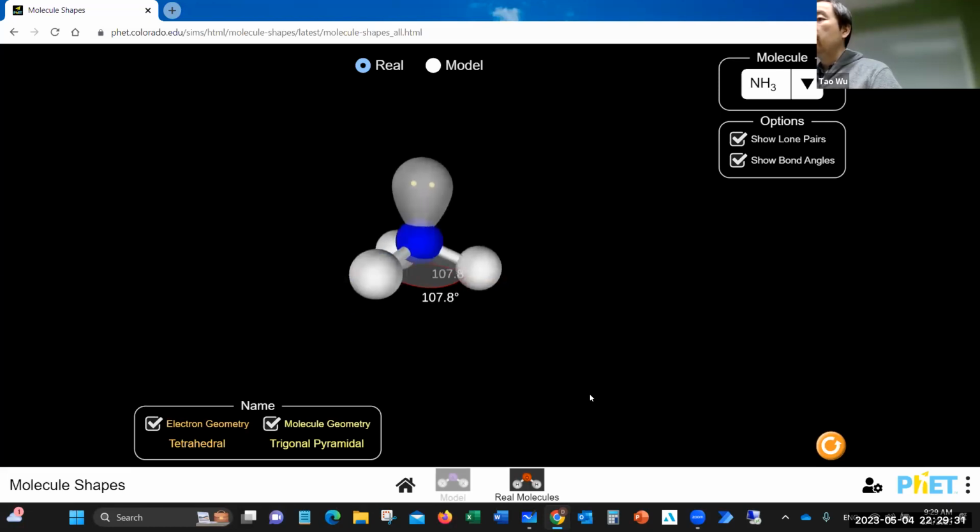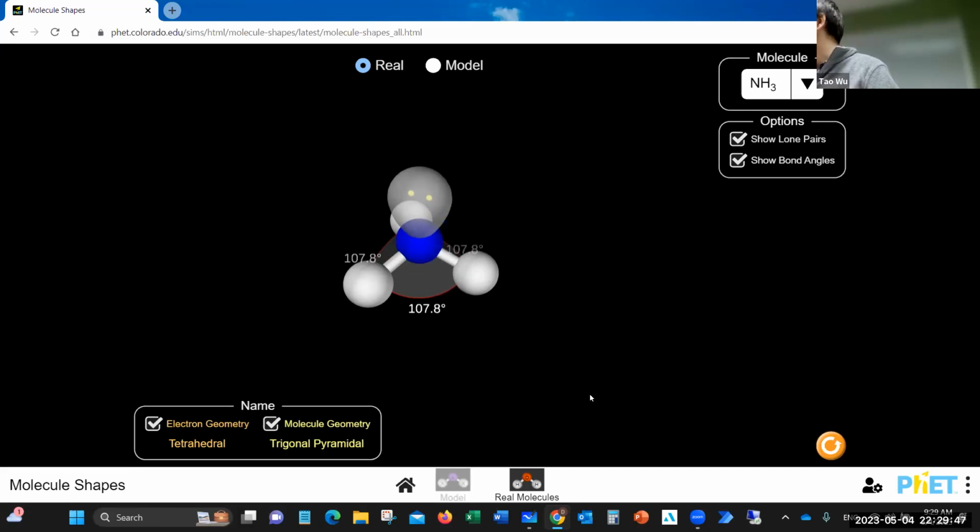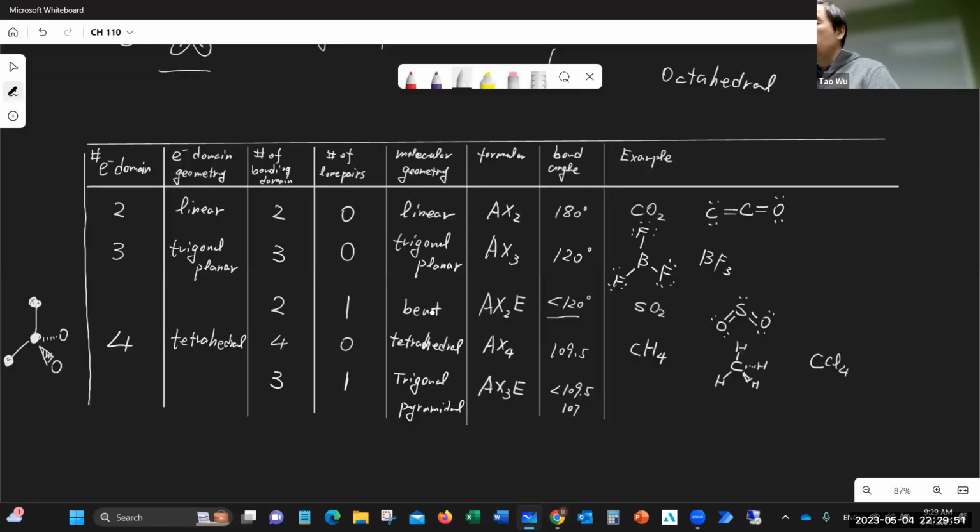Ammonia has three hydrogen atoms at the bottom and one lone pair. So that's going to be the geometry. If you talk about the bond angle here, it is smaller than 109.5. It's about 107.8. So that's one of the structures, like ammonia, NH3.